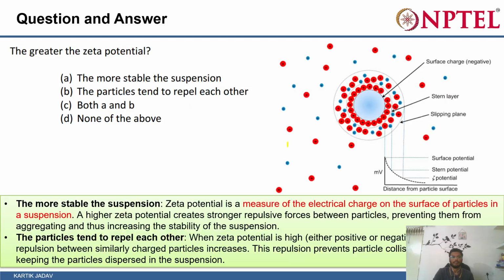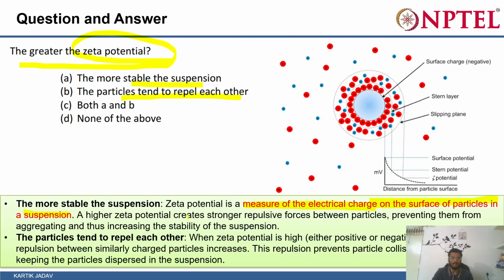Okay. Next question: the greater the zeta potential, it means the more stable the suspension, more particles tend to repel each other; options: both A and B, and none of the above. We know that if the zeta potential is greater, it means there is a more stable suspension and the particles tend to repel each other. Zeta potential measures the electrical charge of the surface of particles in suspension.